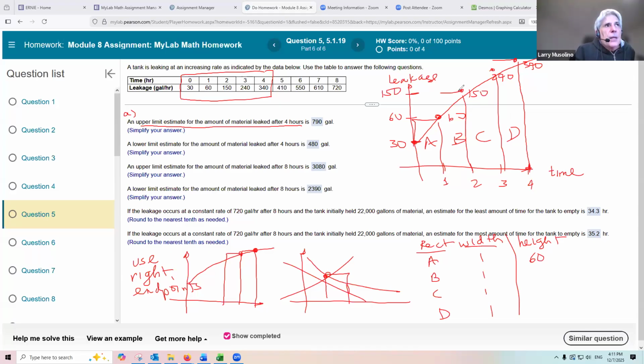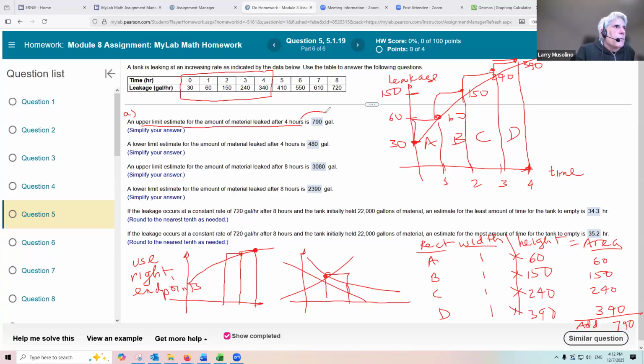For rectangle B, it's 150. For rectangle C, it's 240. And for rectangle D, it's 340. So I'll multiply these together to get the areas, add the areas. That will give me the estimate. So you can see I'm just multiplying by 1. So these areas are going to be 60, 150, 240, 340. If you add these together, you should come out with 790 as the answer for that.